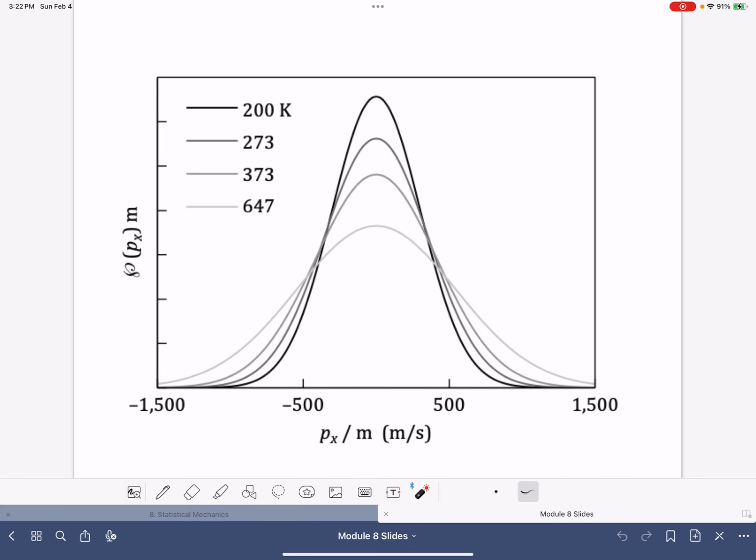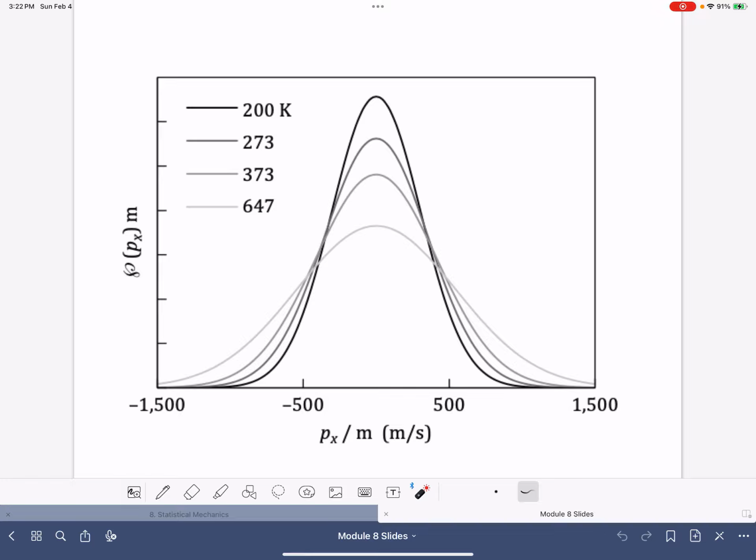All right, and so from this plot, we see that the Maxwell-Boltzmann distribution has a Gaussian shape, right? So it's monomodal, and also it's symmetric, so this side is a mirror image of the right-hand side. If we look at the x-axis here, which is momentum, it goes in both the negative and the positive direction.